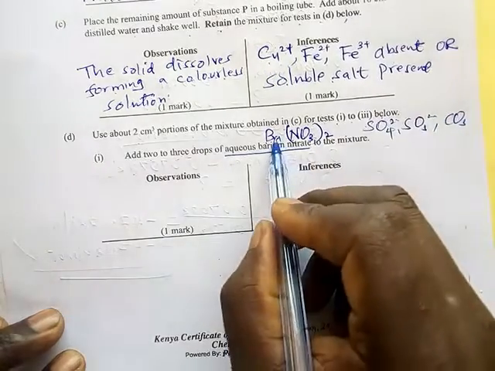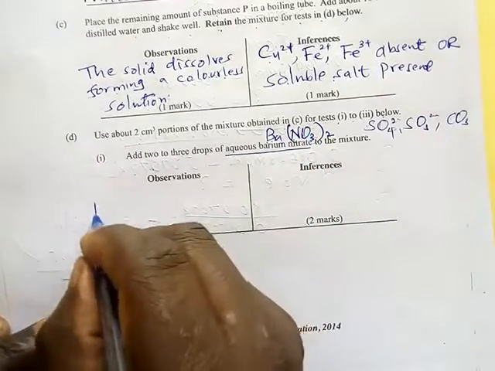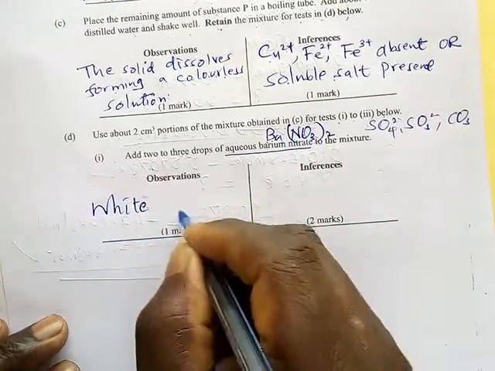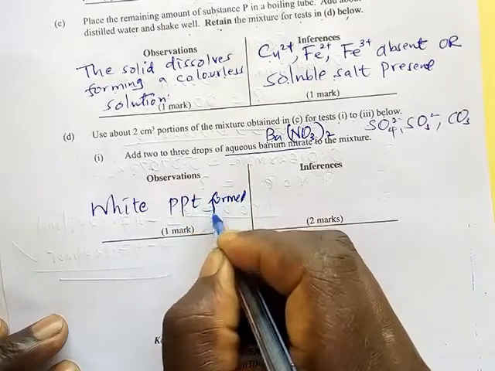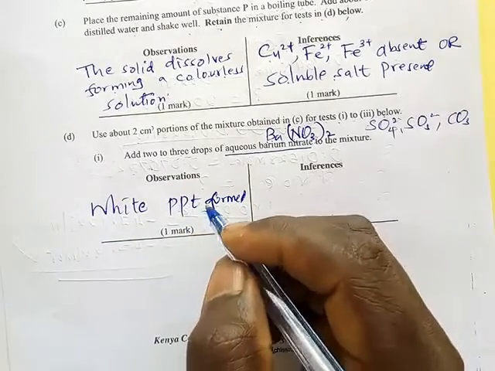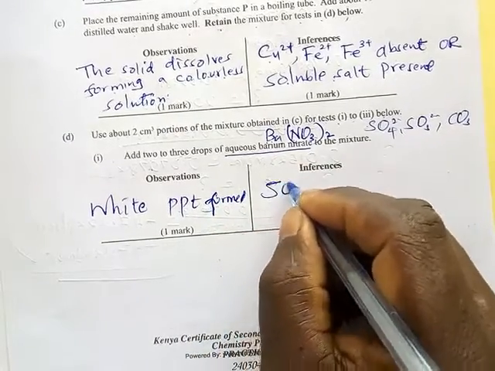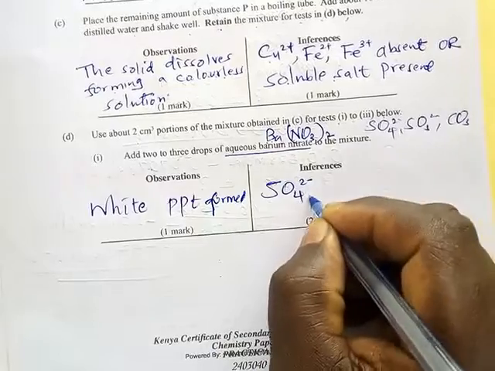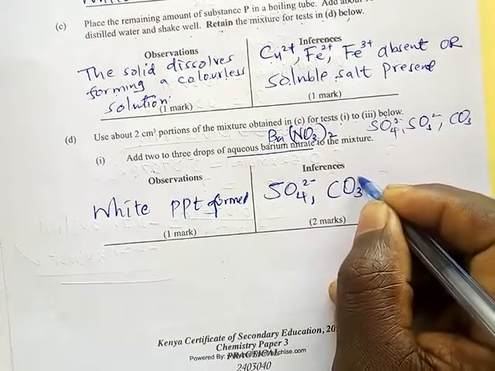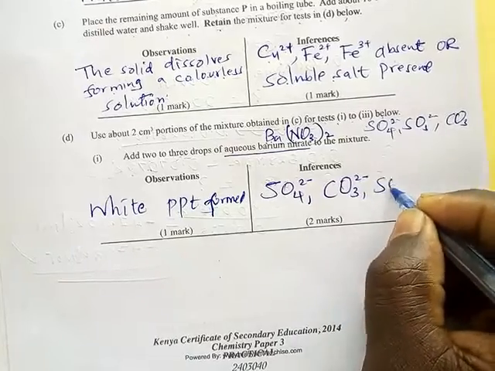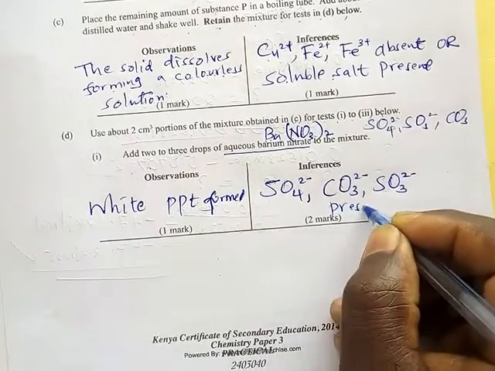Barium carbonate and barium sulfite are white precipitates. So what is the observation? A white precipitate is formed. If a white precipitate is formed, then it tells you that the sulfate, the carbonate, and the sulfite are present.